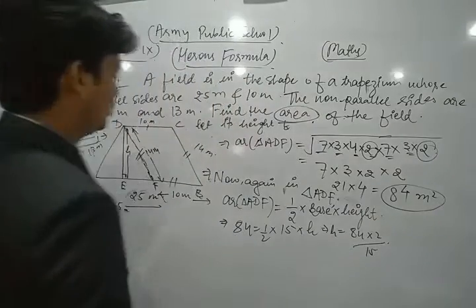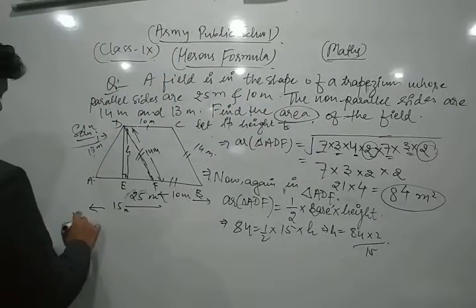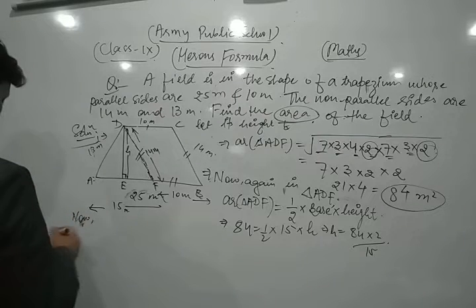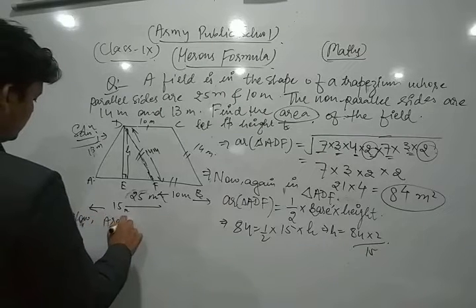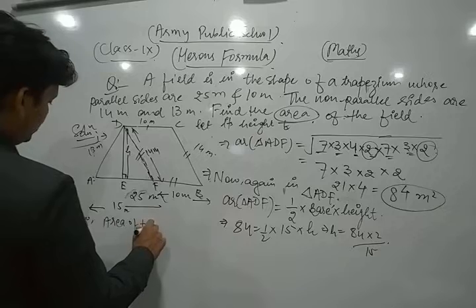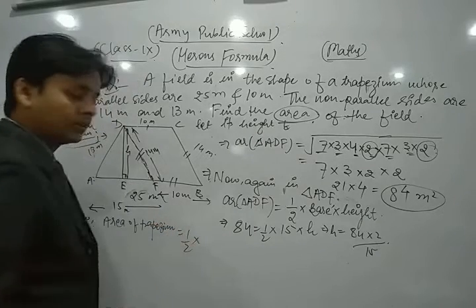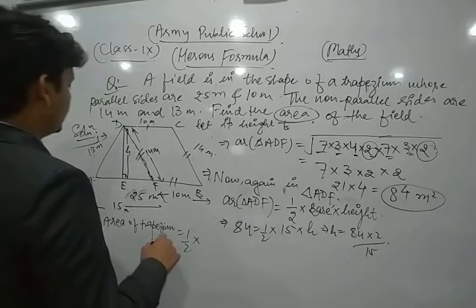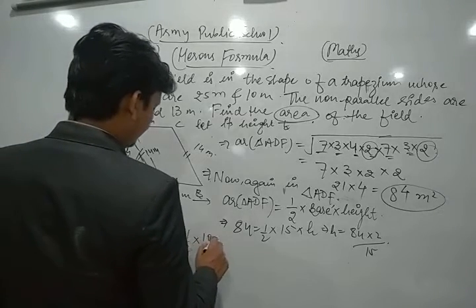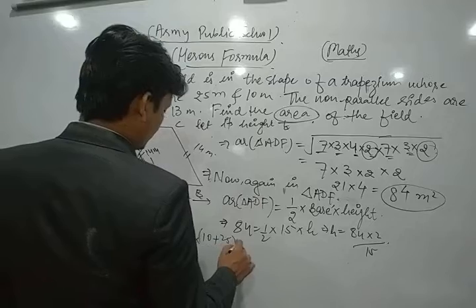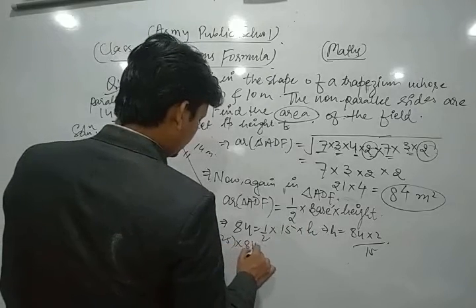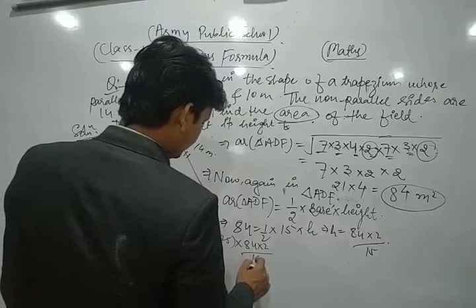Okay, now area of trapezium. Area of trapezium is equal to 1 upon 2 into sum of parallel sides, means 10 plus 25, into height, means 84 into 2 upon 15.